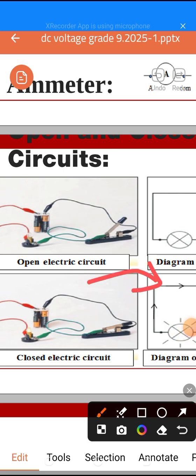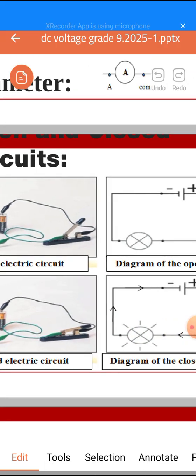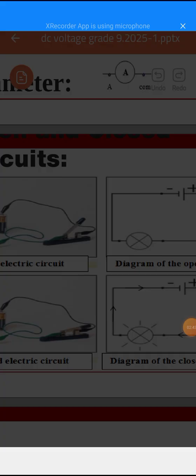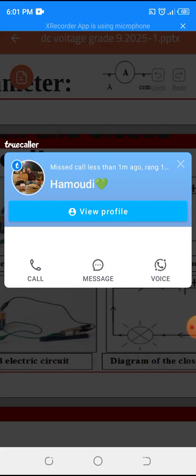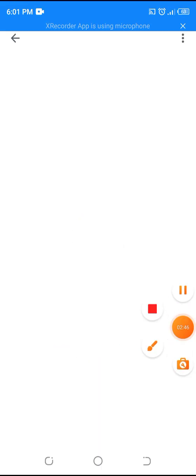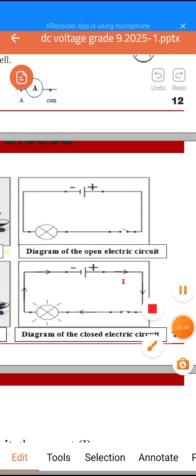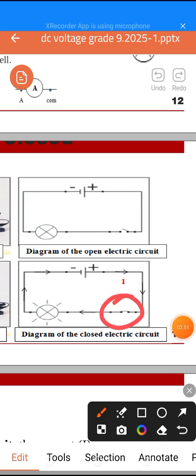So same as the diagram of the open circuit, but since the switch is closed now, the electric current moves from the positive pole to the negative pole and the lamp glows.